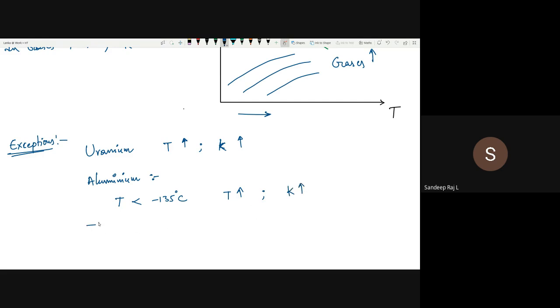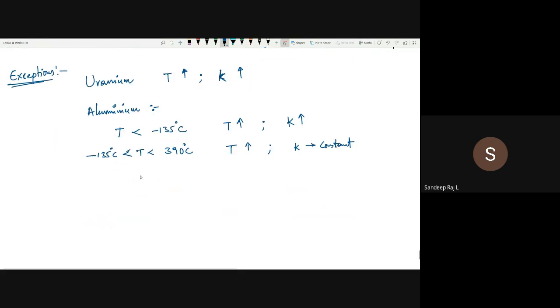And if it is minus 135 degrees centigrade to 390 degrees centigrade, then if you increase the temperature, thermal conductivity is going to be constant and it is not going to vary. And if the temperature of aluminium is greater than 390 degrees centigrade, if the temperature increases, the thermal conductivity will decrease.